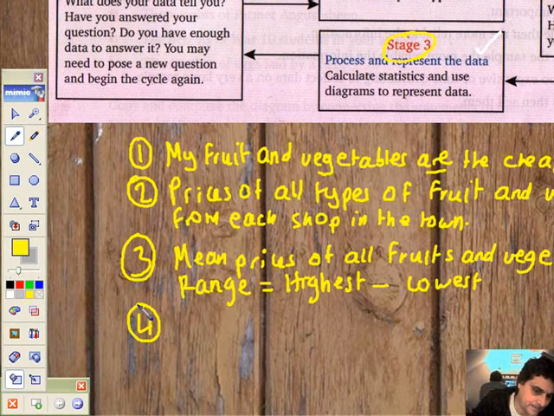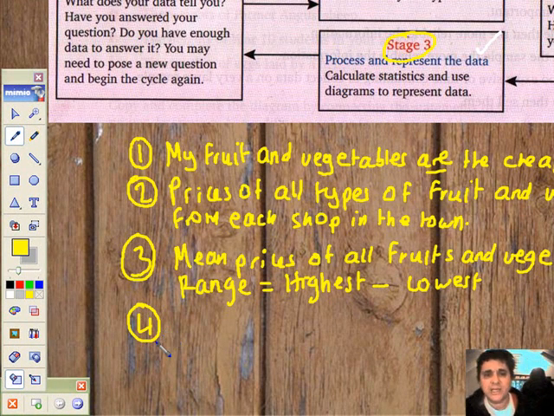Finally, stage 4. What does your data tell you? Interpret and discuss.